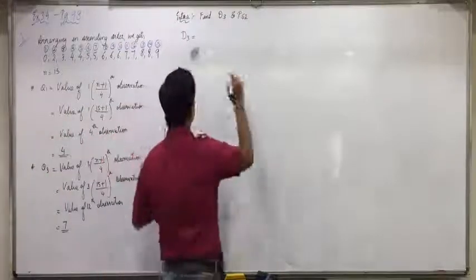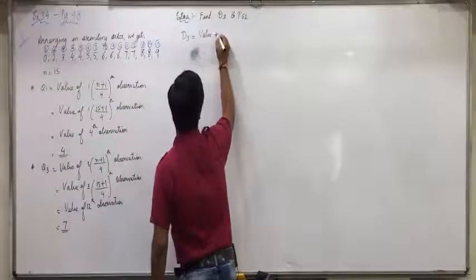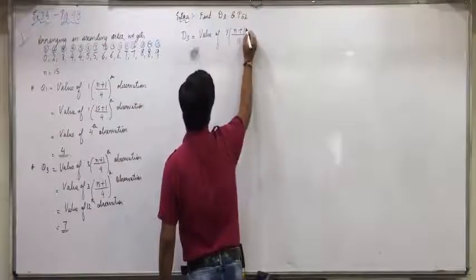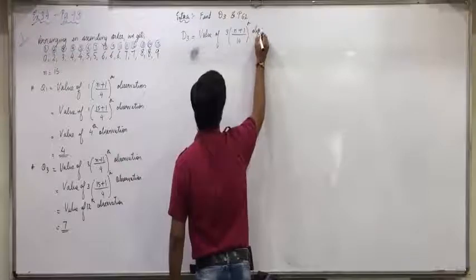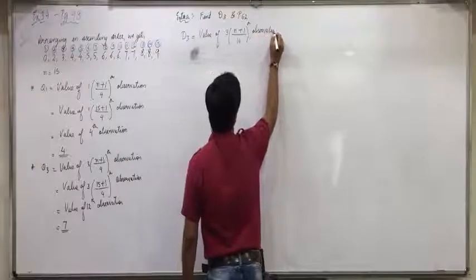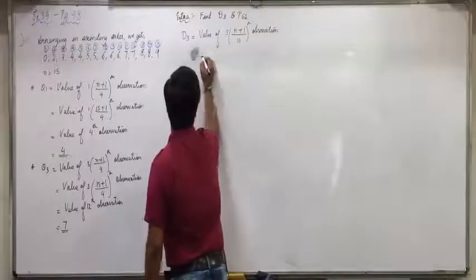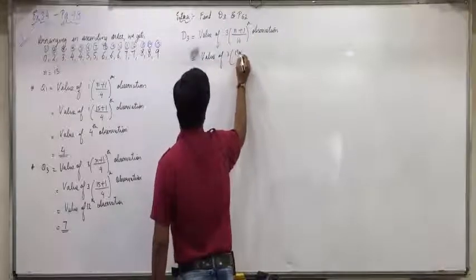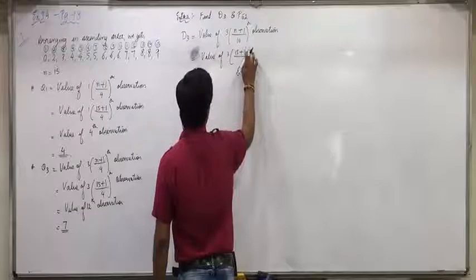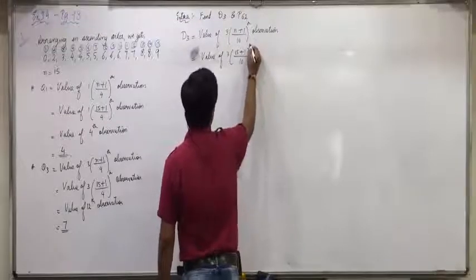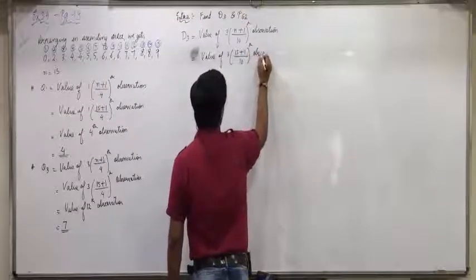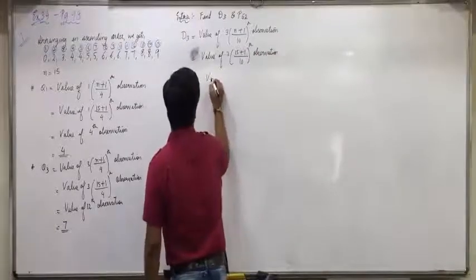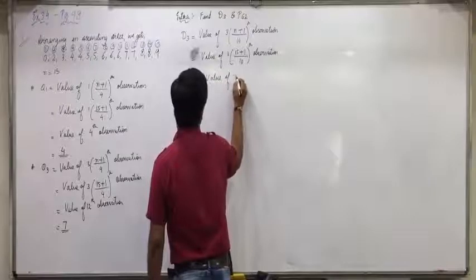Got it everyone? So let us write value of 3 into (n plus 1) upon 10th observation. Value of 3 into (15 plus 1) divided by 10th observation. Value of 4.8th observation.